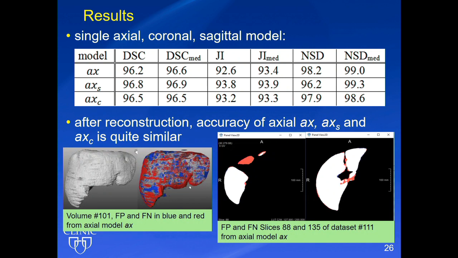Yeah, so what do we get with the Excel model and also the sagittal and coronal ones? It's a good dice coefficient of 96% and a Jaccard index of 92.6. So maybe for clinical practice this is not sufficient, but for a first start it's not that bad. Here you see the false positives and false negatives of one volume. It's volume 101 with the missing parts in red and the surplus parts in blue.